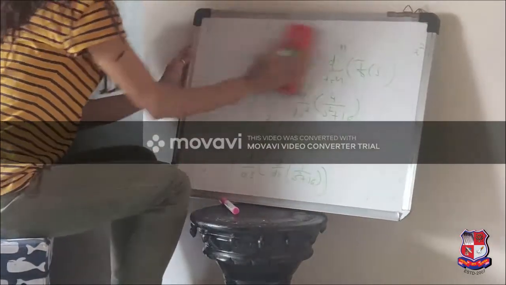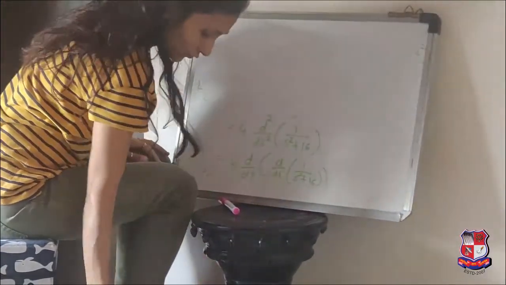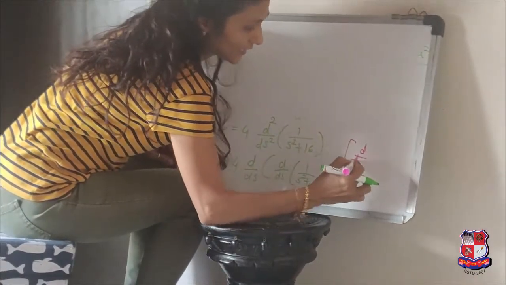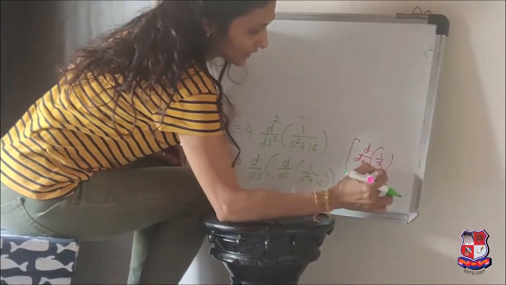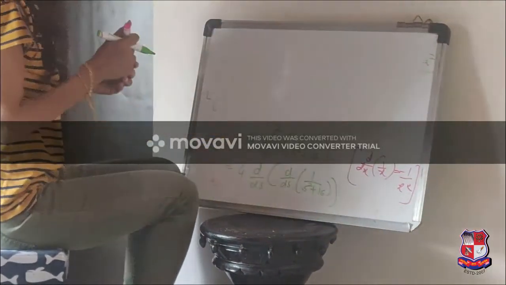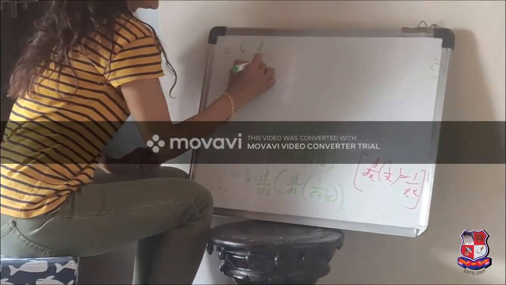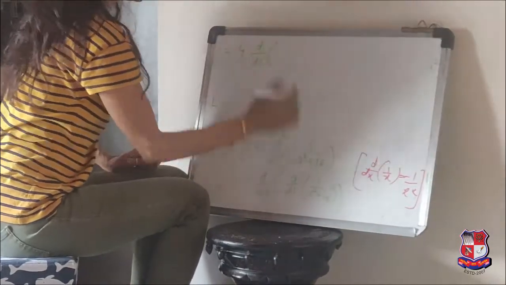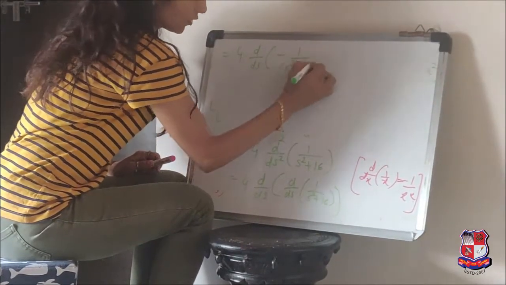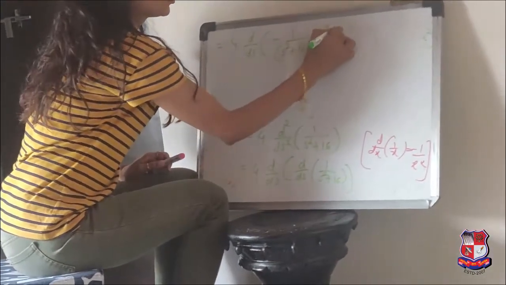Now we know from our 12th standard that d by dx of 1 upon x is equal to minus 1 upon x square. We use this formula here: 4 d by ds of minus 1 upon s square plus 16 whole square, and again the derivative of s square, that is 2s.